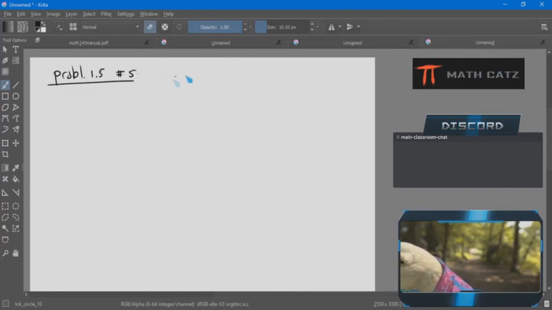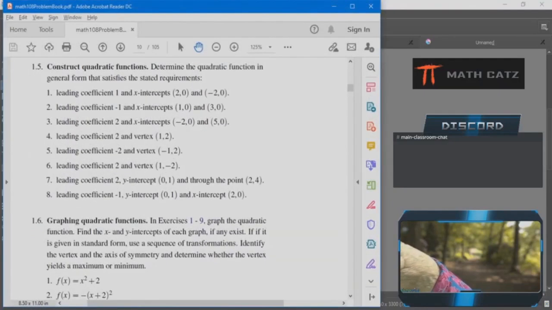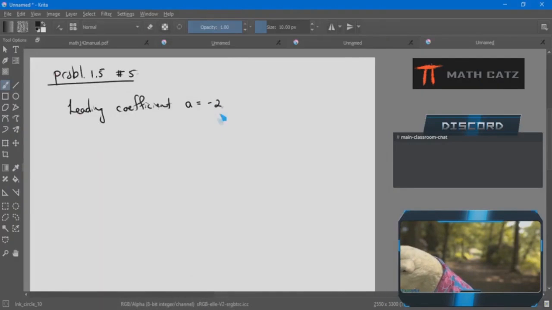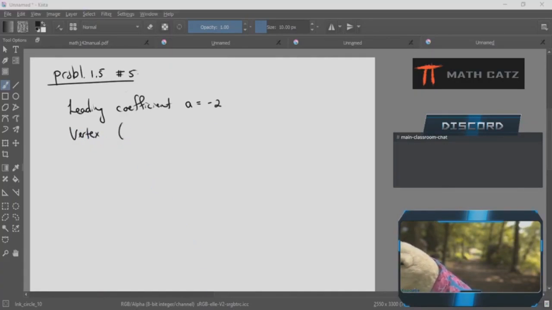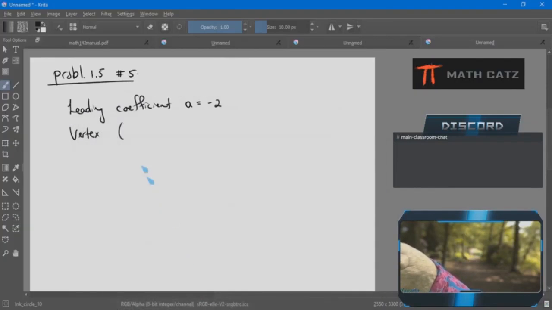So I have the leading coefficient, which is A, which I just read, -2. And we have our vertex, which is -1, 2.